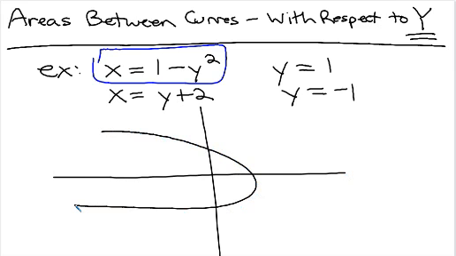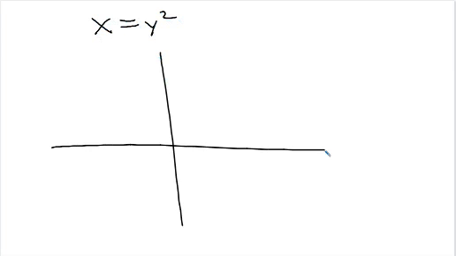And if you think of the way a parabola normally works, then this makes sense. When we do a regular sideways parabola, let me show you what we mean. If I had x equals y squared, it's going to look like this.